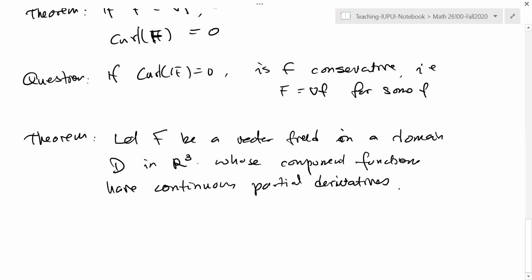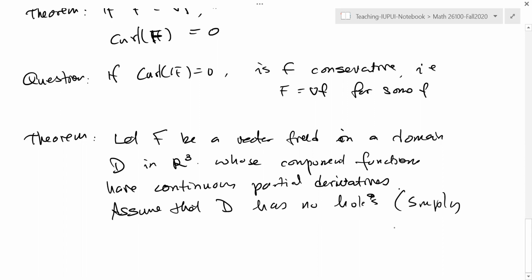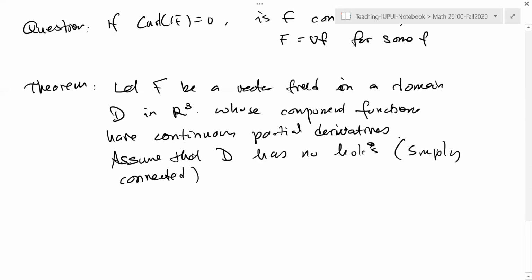Now, we assume that D has no 3-dimensional holes. This is also called simply connected. It's good interior. In other words, there's nothing empty inside.